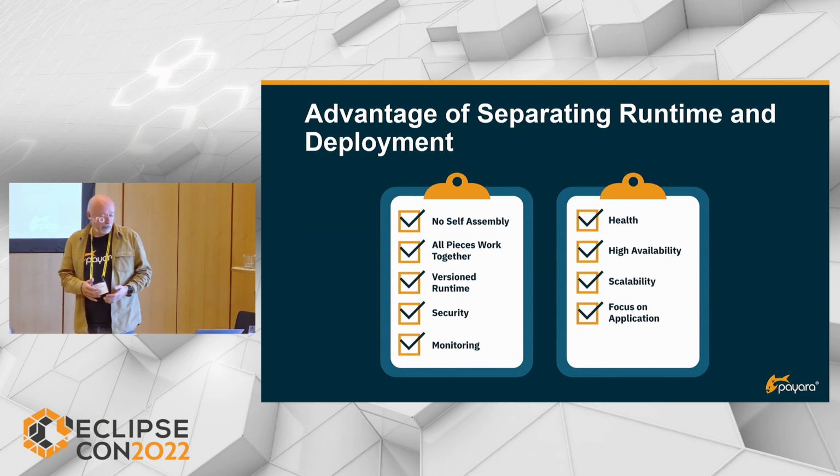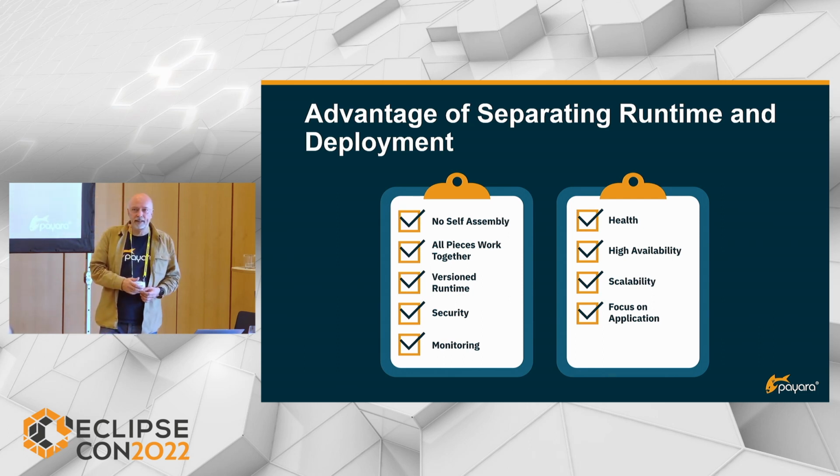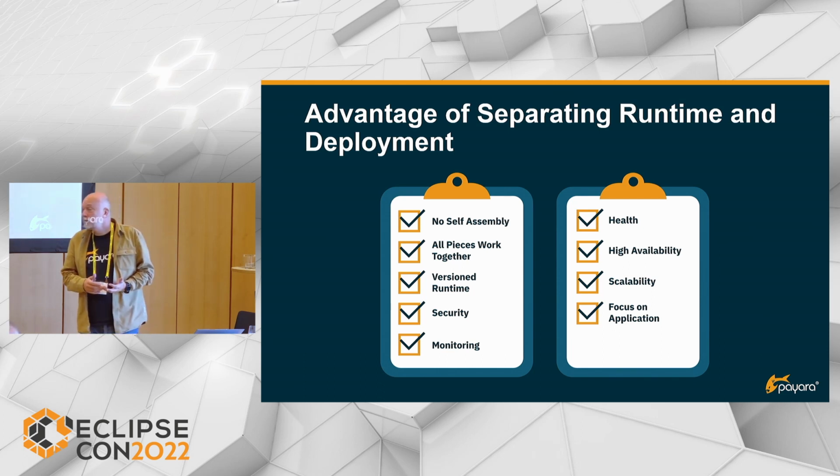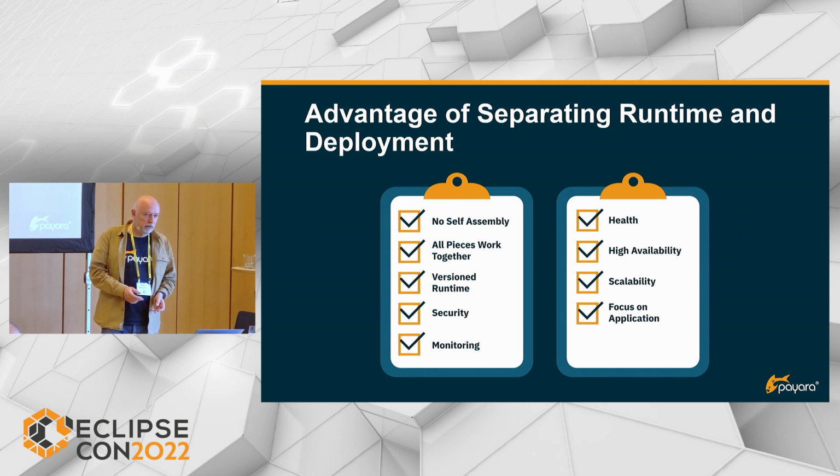All the pieces in Payara are guaranteed to run together because we build them and certify them against the specifications. And that runtime obviously can be versioned. You know what runtime you've got. So the more dependencies you package into your EE or WAR, the more you don't really know, once it's gone live, what's in there.